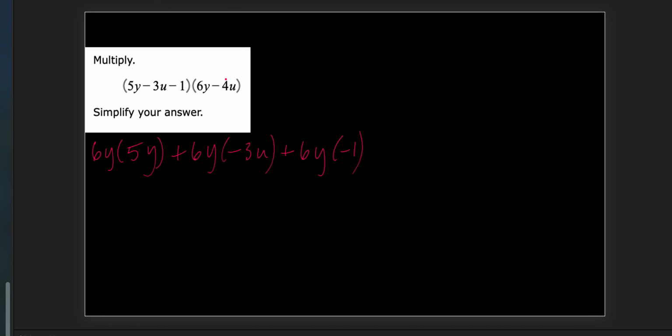Now I'm going to take that negative 4u and do the same thing. So it's negative 4u times 5y and negative 4u or minus 4u, same thing, times the negative 3u and then negative 4u times negative 1.